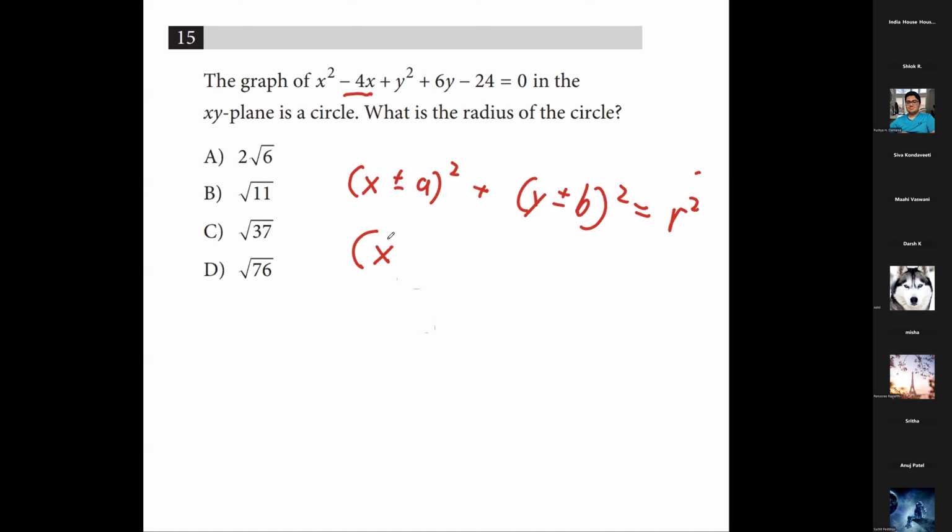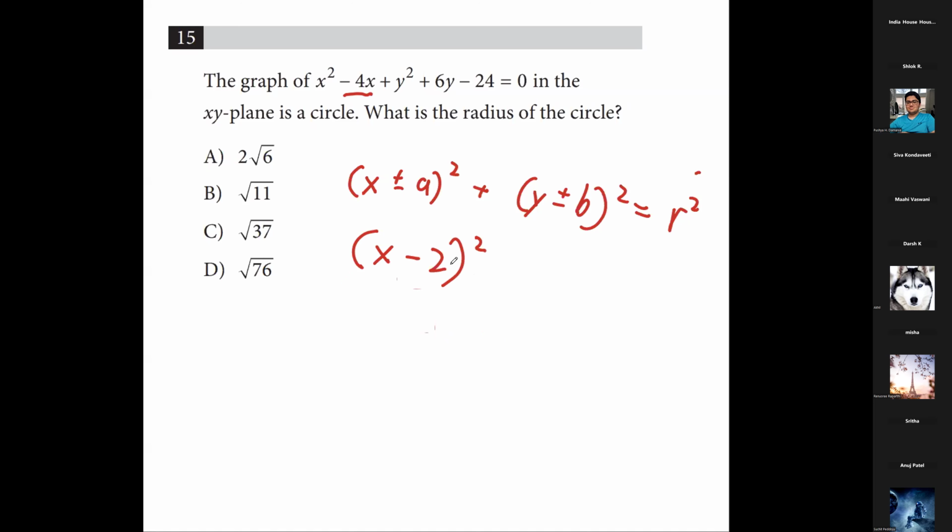In this case, it's minus because it's negative 4x, and then this would just be x minus 2 squared, because negative 2 times 2 would just be negative 4. So that follows what we just found.